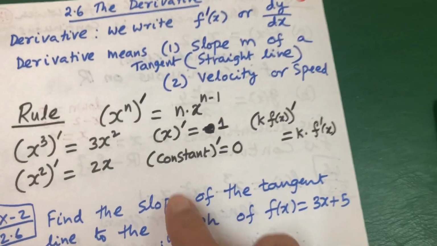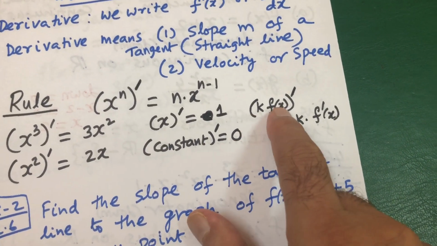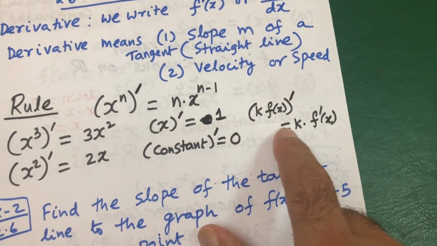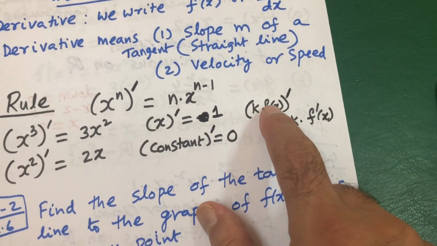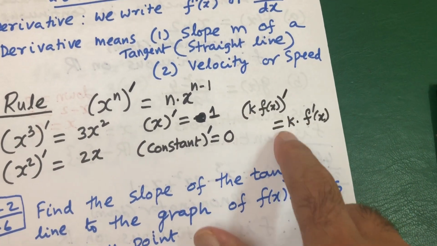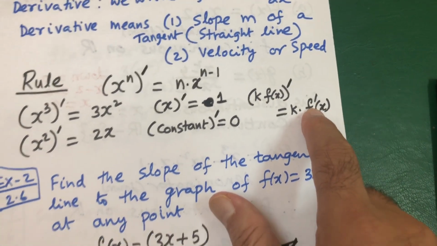It will say to f(x), you participate in the derivative f dash x. So in k f(x), k will not participate in the derivative, only f will.